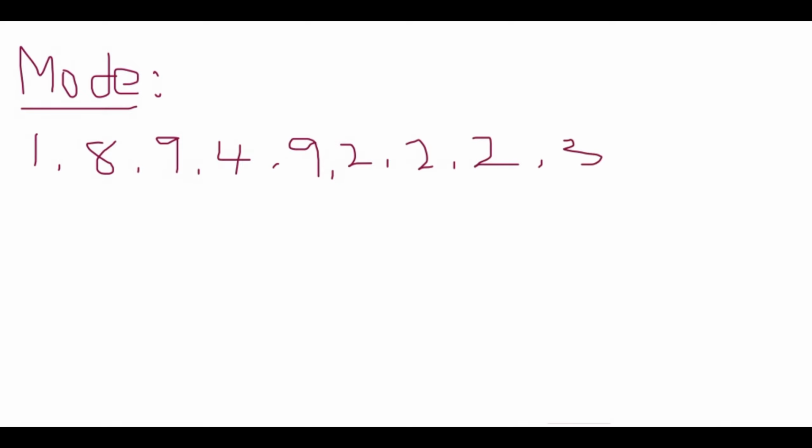The mode of a set of numbers is like the easiest kind of statistical calculation, because basically it doesn't involve much calculation at all.